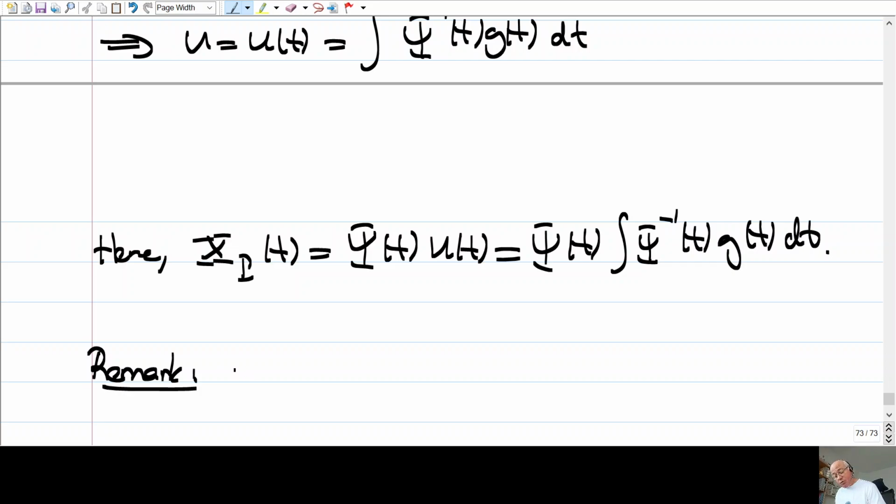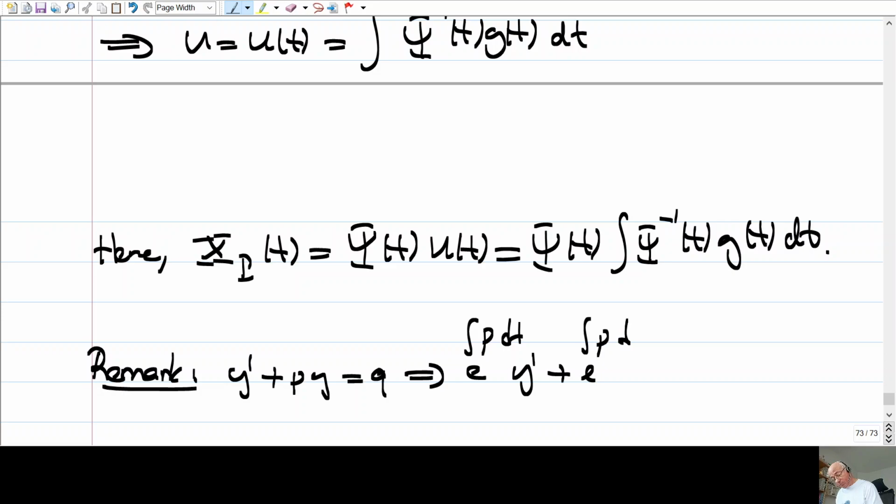Remember, to solve an ordinary first order equation, we used integrating factors, right? We multiplied both sides with this.